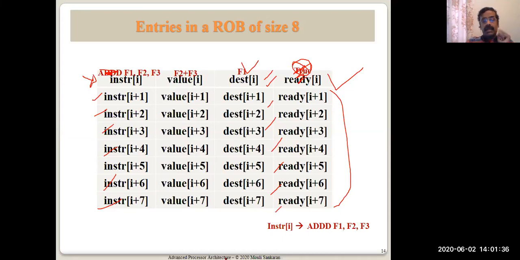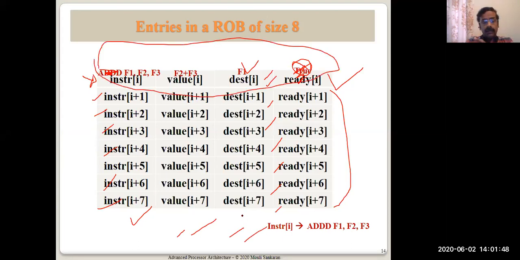Now my question is, can I issue one more instruction? All of them are completed, which means all the functional units are free except maybe this functional unit. They have computed the instructions and put the results.